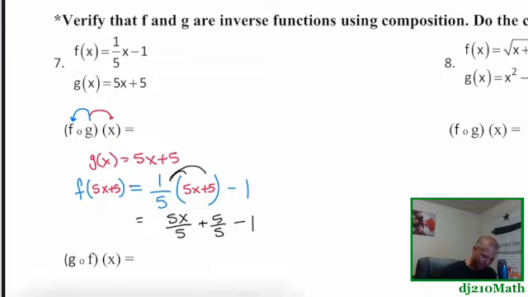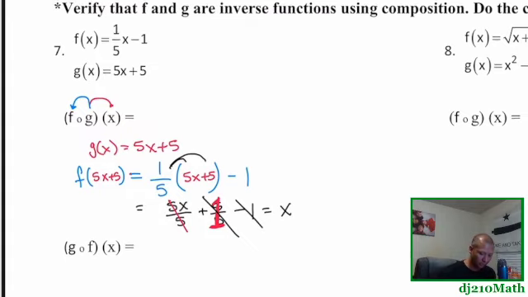Okay. 5's cancel. 5's cancel into 1. Right, 5 over 5 is just 1. So we're going to get 1 minus 1. That's nice. 1 minus 1, that cancels. So really all that's left is x. So far, it looks good. X came out.